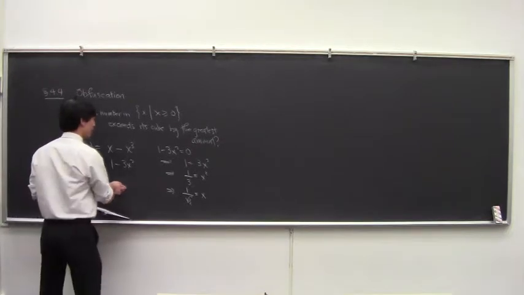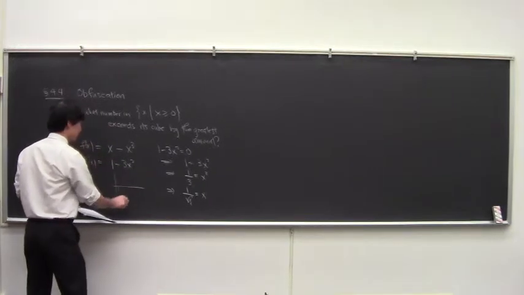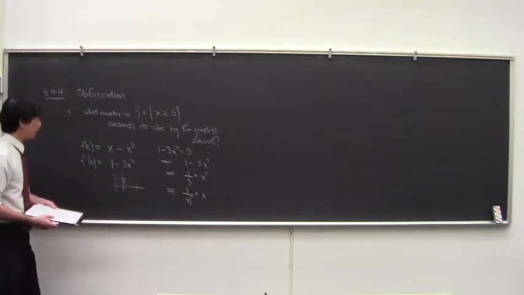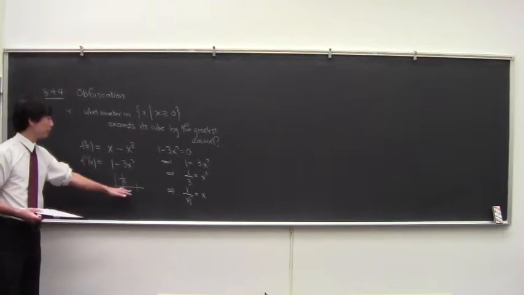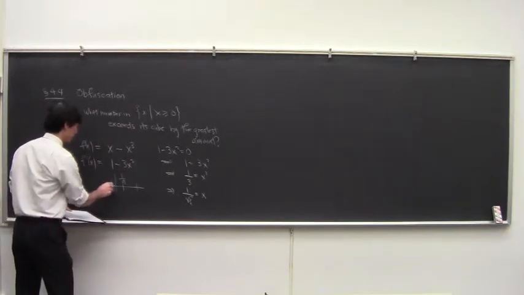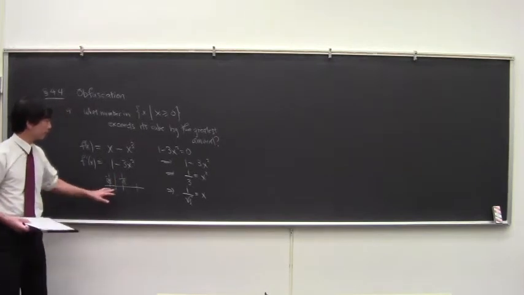And if we want to check it, let's say that this is 1 over the square root of 3. I guess we also know that this would be 0 at negative 1 over the square root of 3.